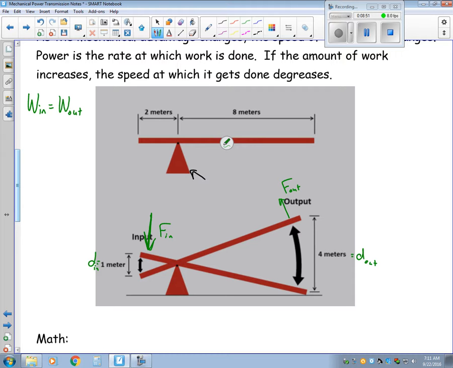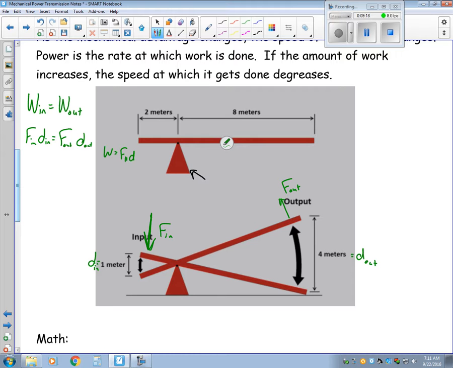We can see that the force and the distance are parallel, which is good because that gives us our work. So work is defined as a force that's parallel to a distance. So the amount of work we put in would be the input force times the input distance, and that would equal the output force times the output distance.